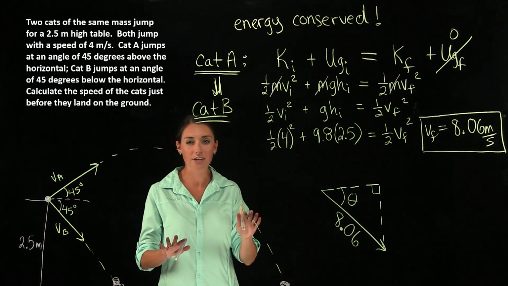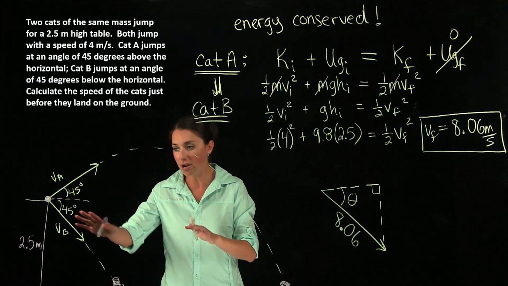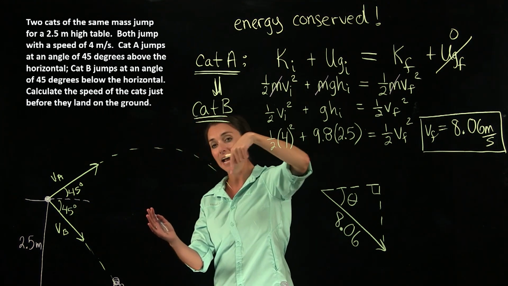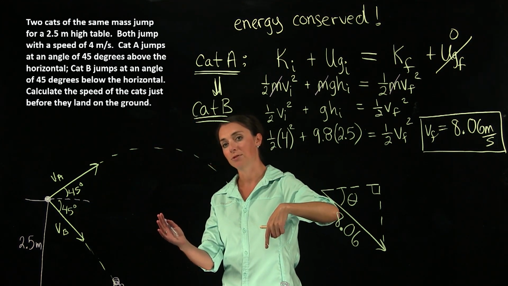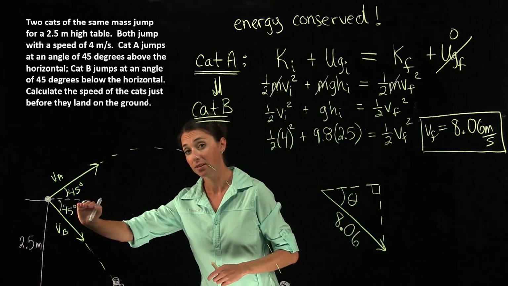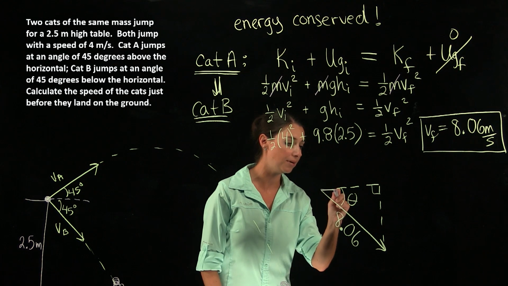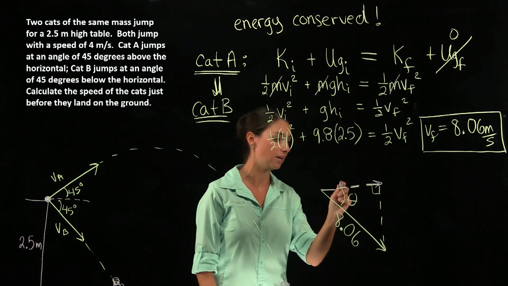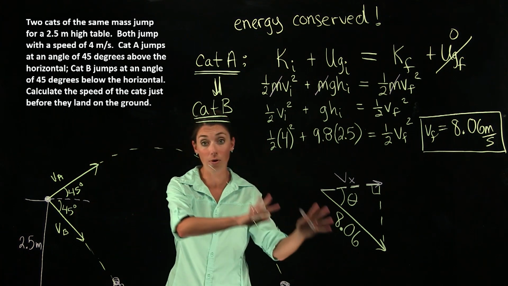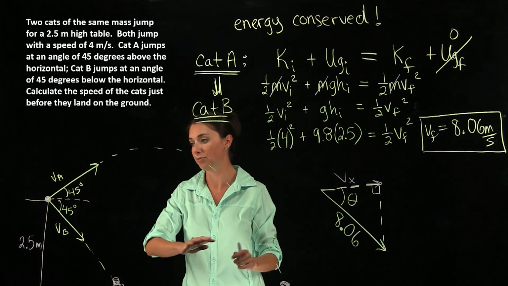And if you think back to when we were first talking about projectile motion, since gravity consistently just pushes down on your projected object, remember that x velocity stayed the same? So we know that this x component, this Vx, is going to be the same the whole entire time the cats are moving.